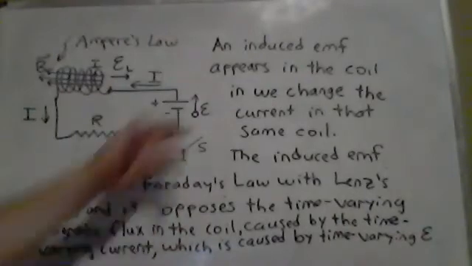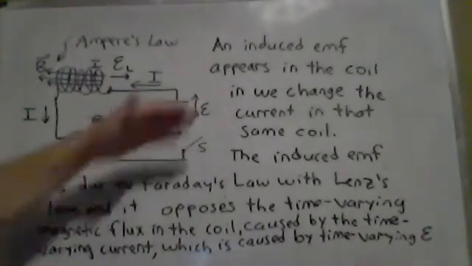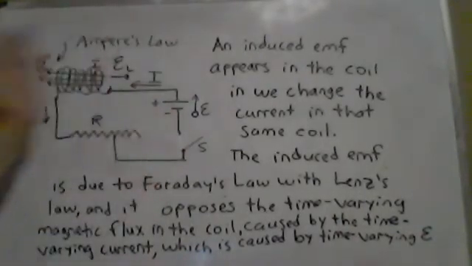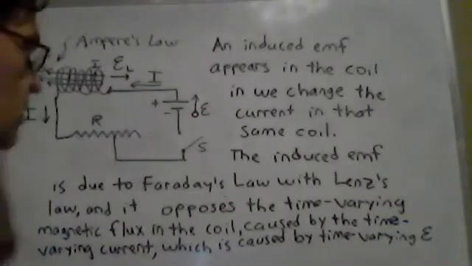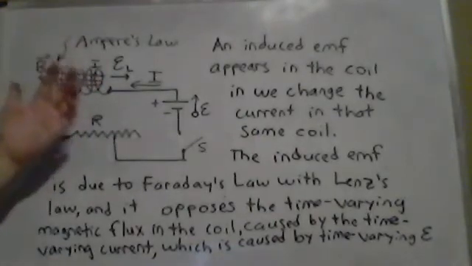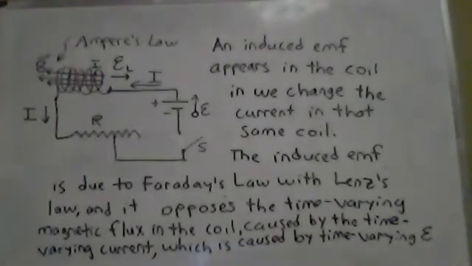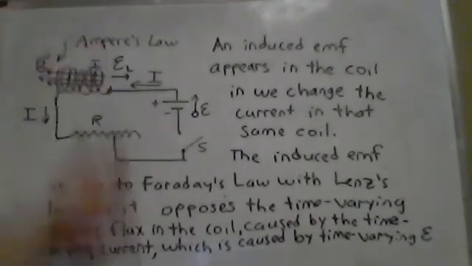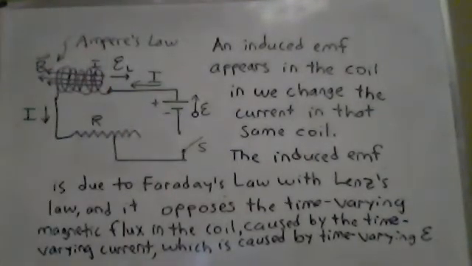This varies in time, and so that causes the current to vary, and that causes the magnetic flux to vary in time because of Ampere's law. The EMF caused by this changing magnetic flux comes from Faraday's law with Lenz's law.